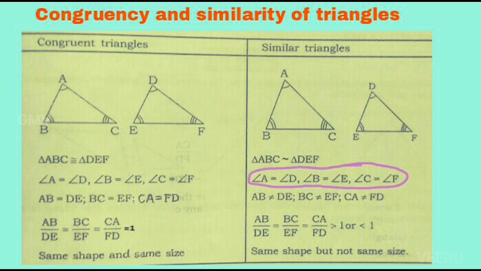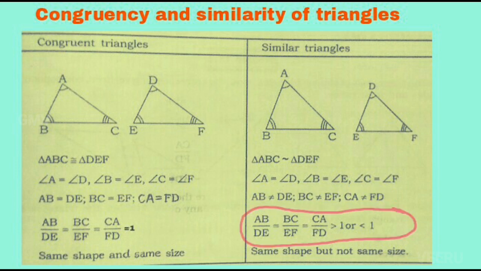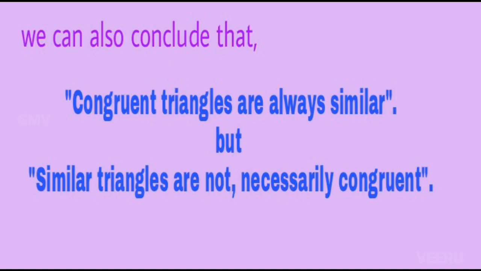In case of similar triangles, the corresponding angles are equal but the corresponding sides are not equal. If we take the ratio of the corresponding sides, it will not equal 1; it may be greater than 1 or less than 1. These have the same shape but not the same size. We can also conclude that congruent triangles are always similar, but similar triangles are not necessarily congruent.